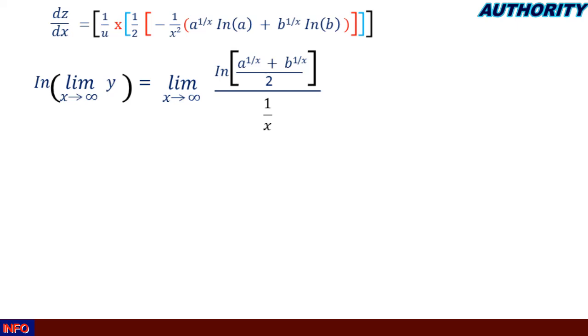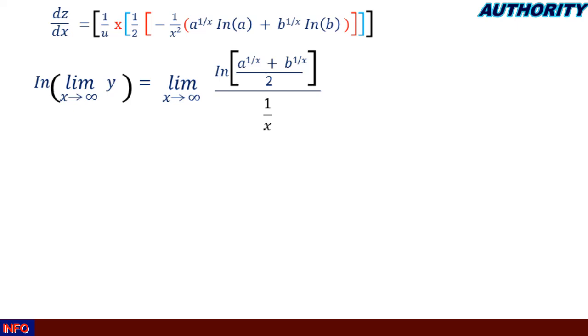Now, what about our denominator? Our denominator, we are having 1 all over x. So when you differentiate 1 all over x, it's going to give you what? Minus 1 all over x squared. Now look at it. This is actually what we are doing.